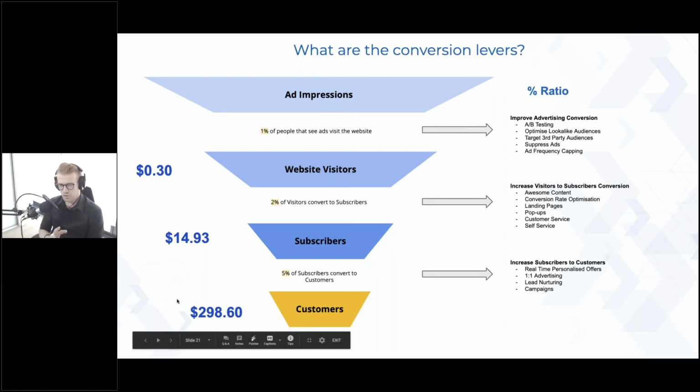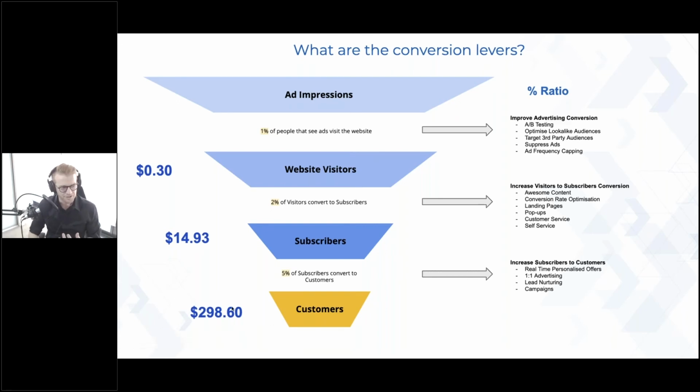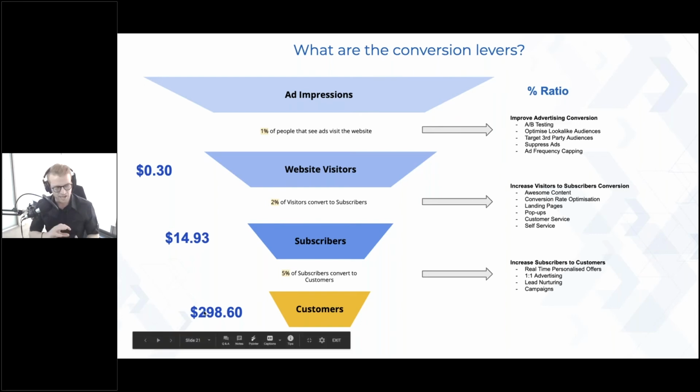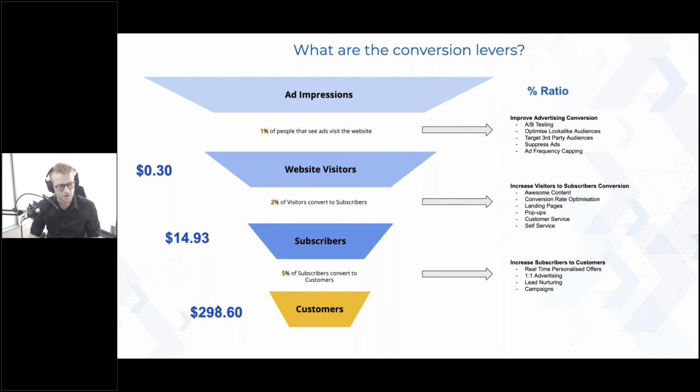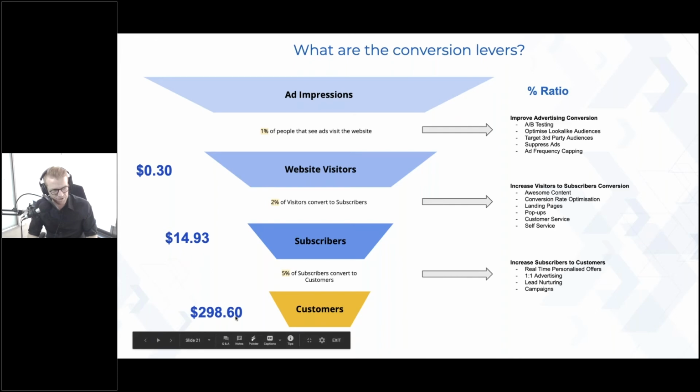So I've got two levers, and this is really key to understand. My two levers are my lifetime value. So if I do upsell, cross-sell, if I do re-engagement campaigns, if I do birthday offers, those kind of activities are going to increase this because they're going to buy more on average. So what if I could get that up to, say, $600 and everything stays the same?